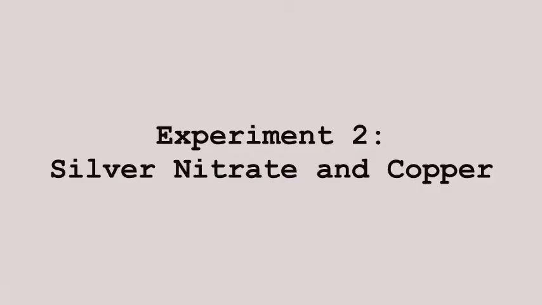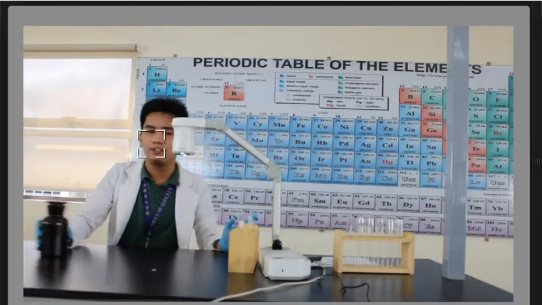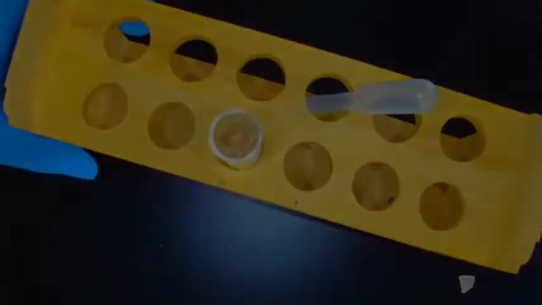So for this experiment, we're going to have silver nitrate and copper. So basically the things that we need to have are silver nitrate, copper wire, test tube, and some dropper.